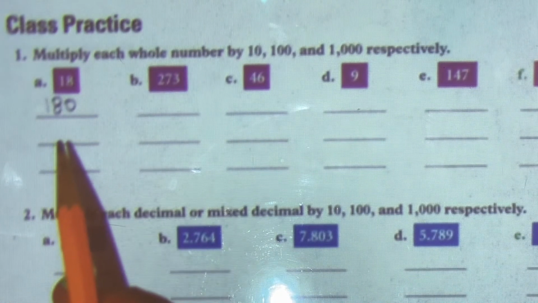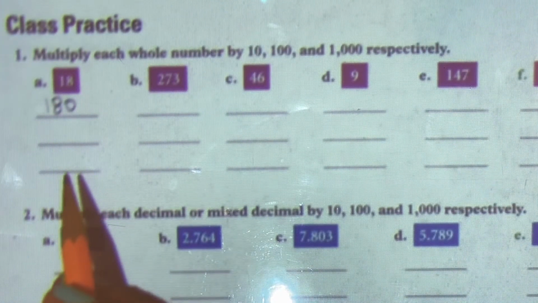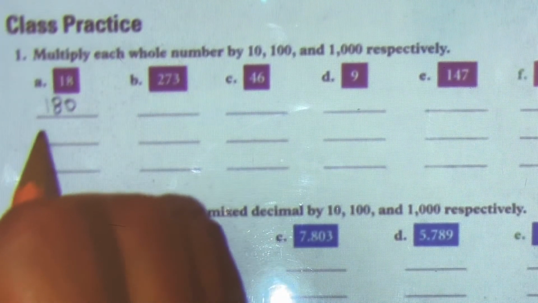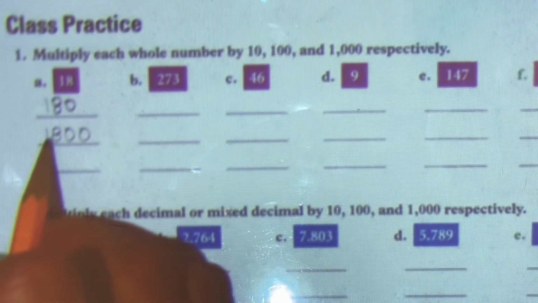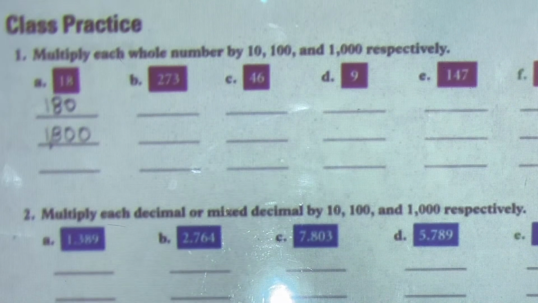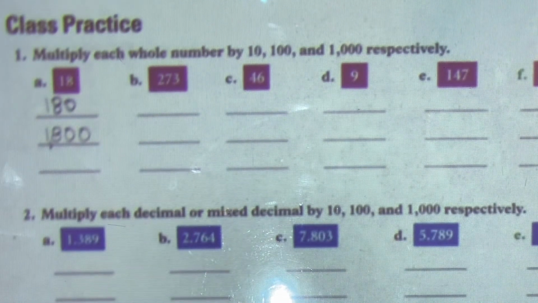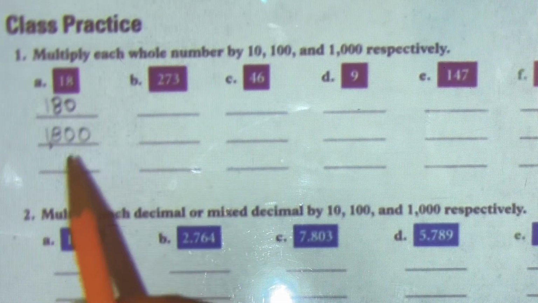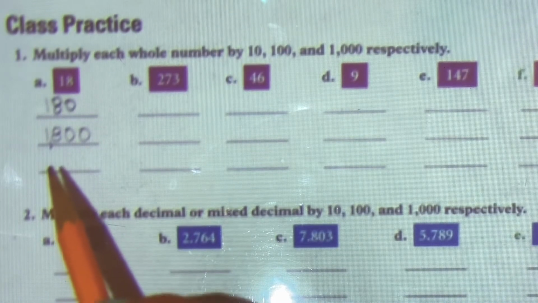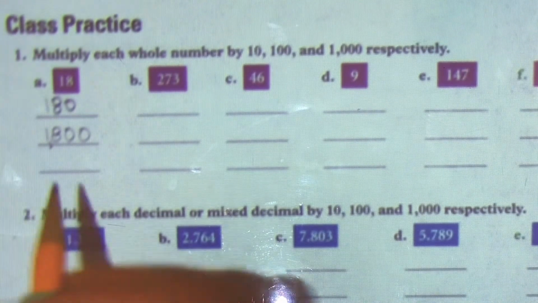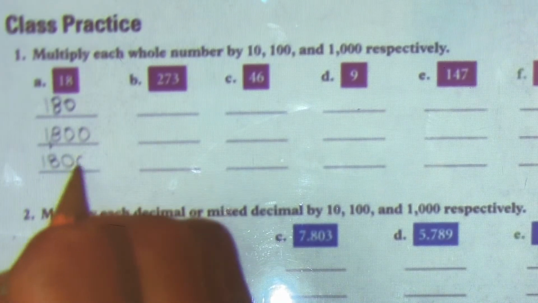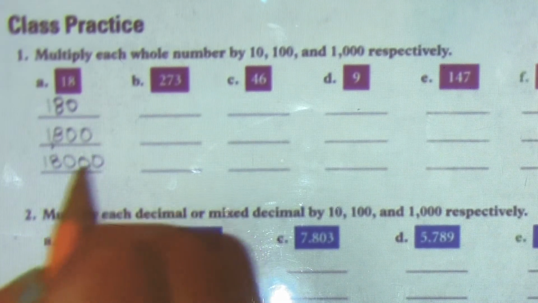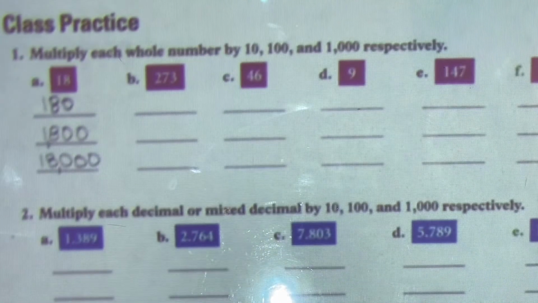If I multiply it by 100, I already know that I'm going to add 2 zeros, and that makes the number 1,800. If I multiply it by 1,000, that means that I'm adding 3 zeros to the number. So that's going to make my number 18,000, okay?